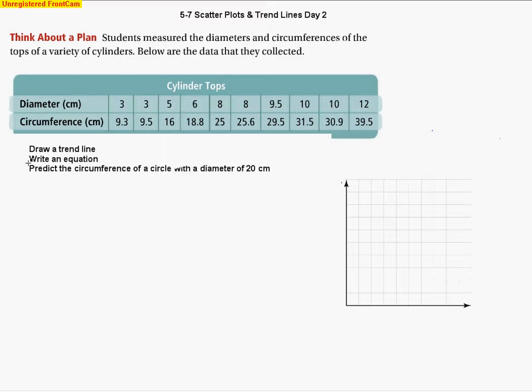So I'm going to start with writing in my diameter down below. Change my pen so it's a little bit smaller here. And so I've got my diameter down below, and that is in centimeters, and I'm going to have my circumference alongside the axis, and that is in centimeters as well.